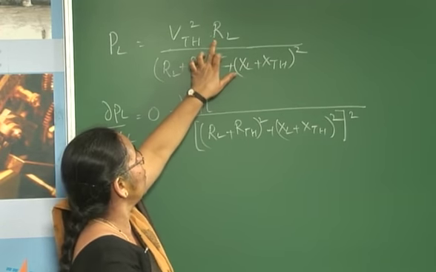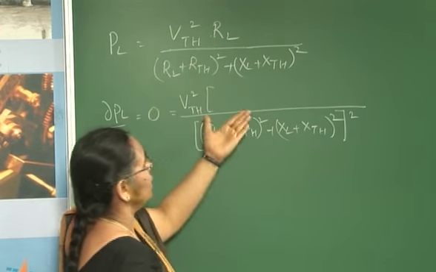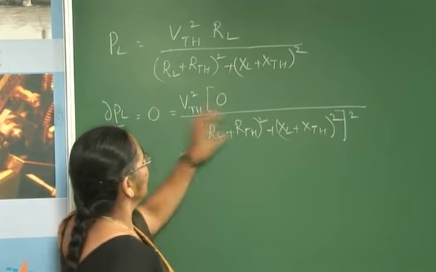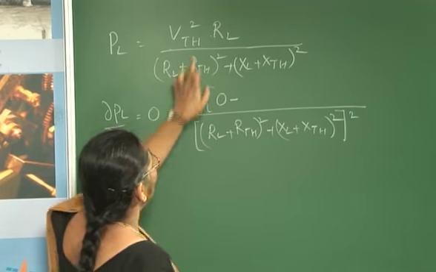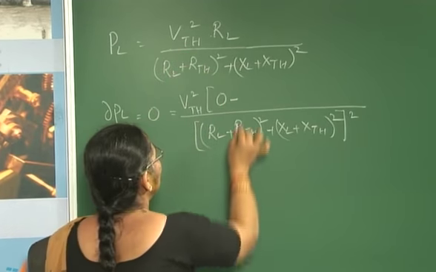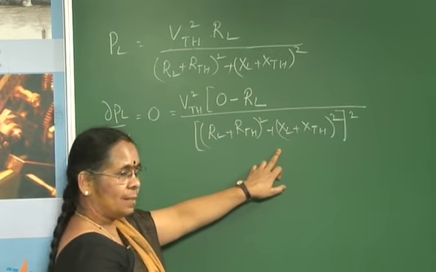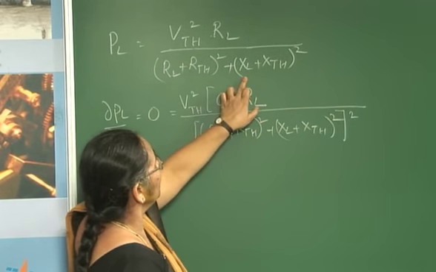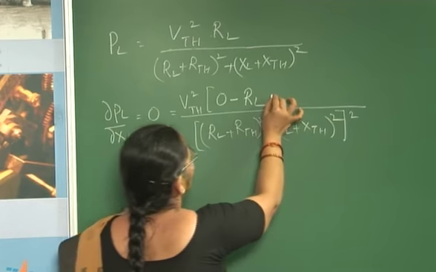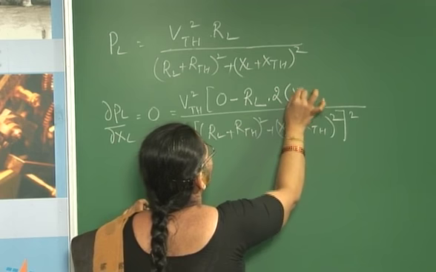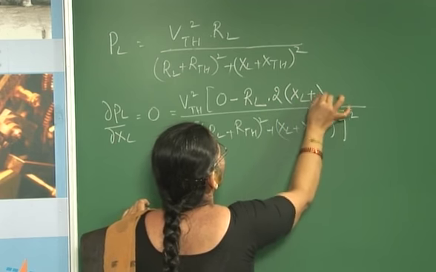Since the numerator has RL and not XL, that part is equal to 0. Then minus, keeping the numerator as it is, that is RL, you differentiate the denominator. The denominator derivative is equal to 2 times XL plus X Thevenin.